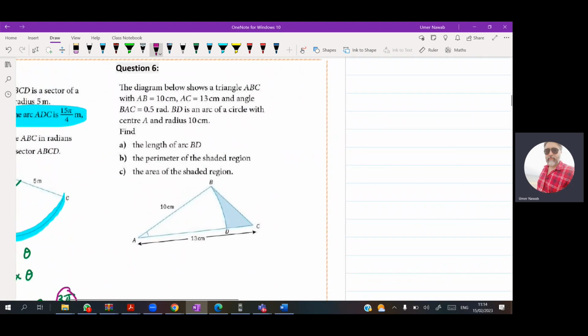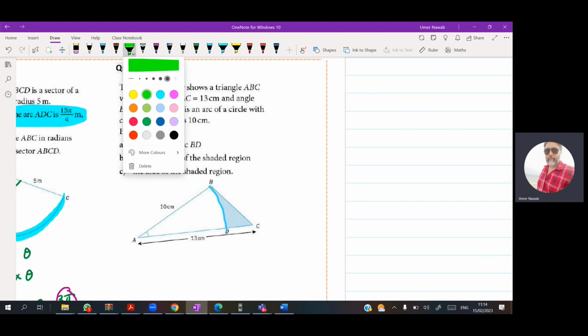Now, last question from the book. The question says, find the arc length BD. Did he provide us any information? The radius is known to me. And what else do I have?